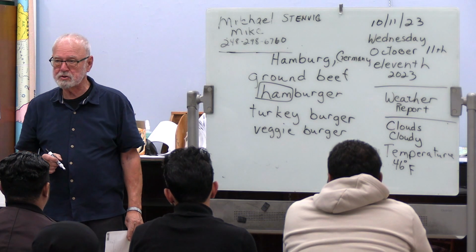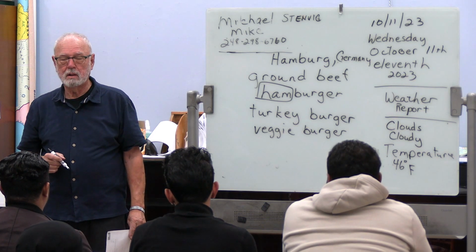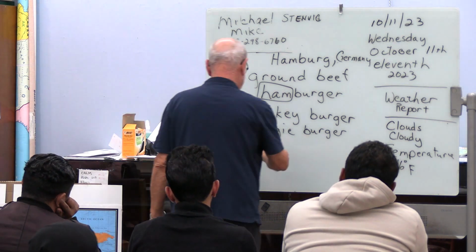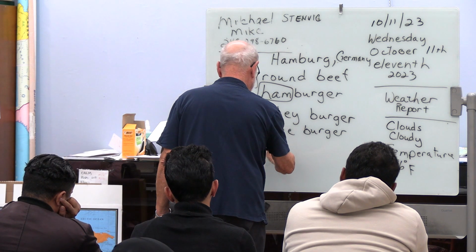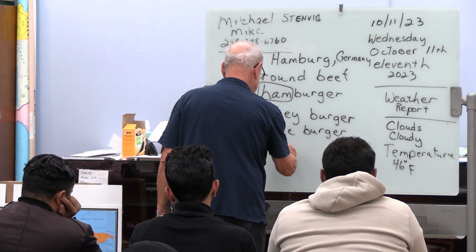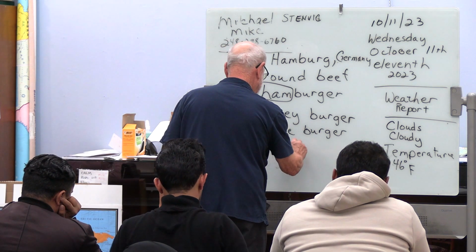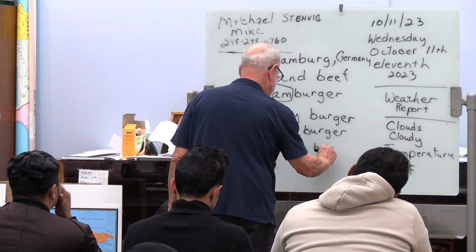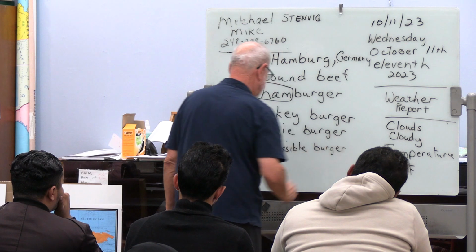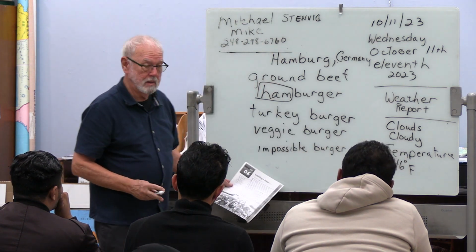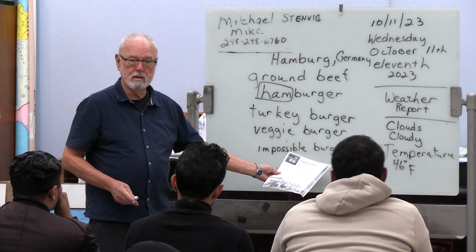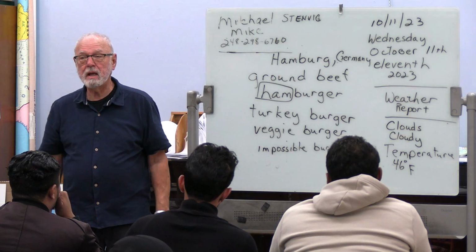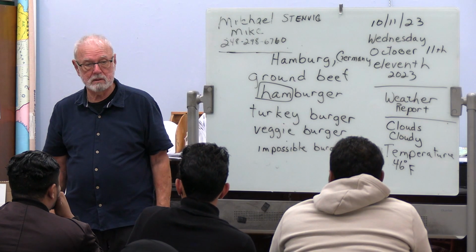So this veggie burger is made with veggies, and now there's a new one. Oh my gosh. This is its name: Impossible Burger. It's made with artificial meat.